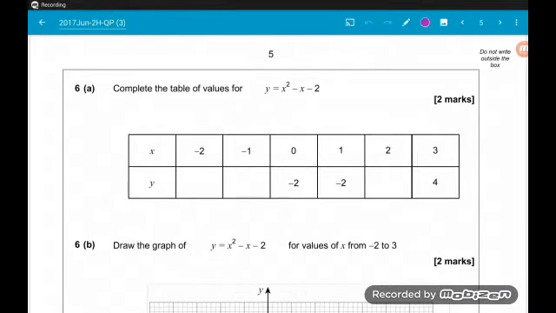Okay, question 6a. So here we want to complete the table for values of y using this quadratic. So use your calculator. Just be very careful when you do use your calculator. So say we're doing -2. To put in -2 squared, don't put it in as -2 squared like that, because that will give you -4.